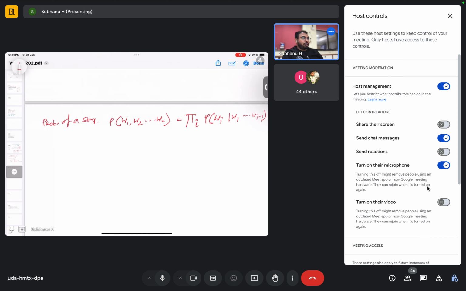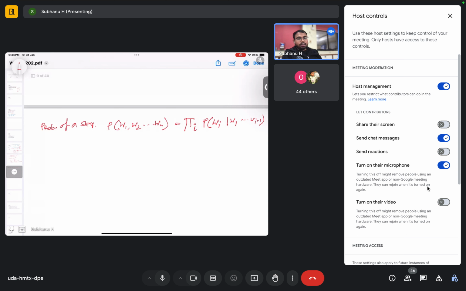This is how we calculate it. If anyone is not able to understand how this works in our natural language scenario, they can unmute themselves and tell me. I can give you an example, otherwise I will go ahead. Don't hesitate, just tell me. So this is called the probability of a sequence.